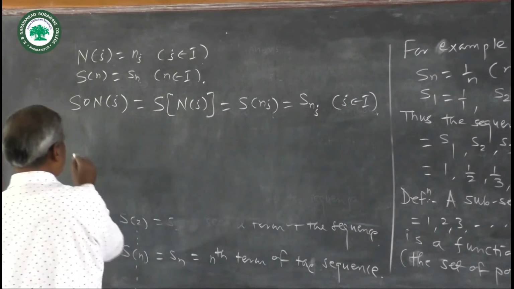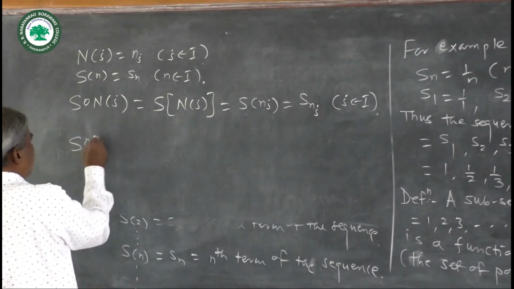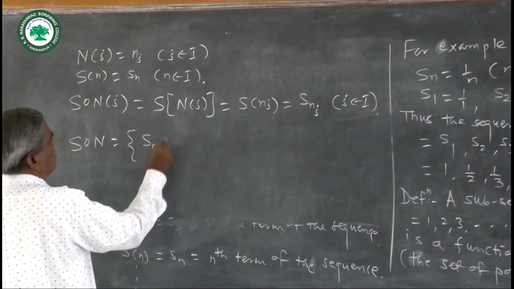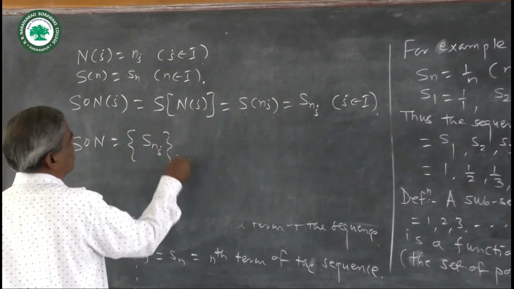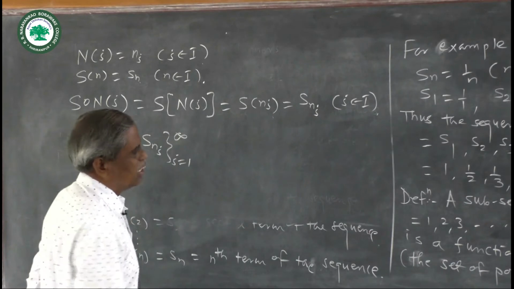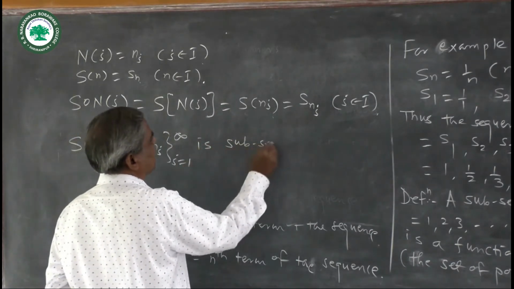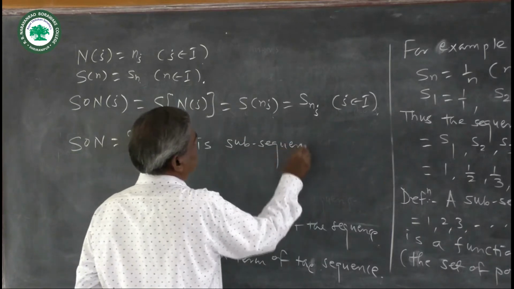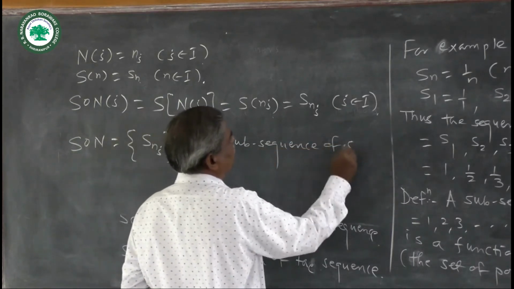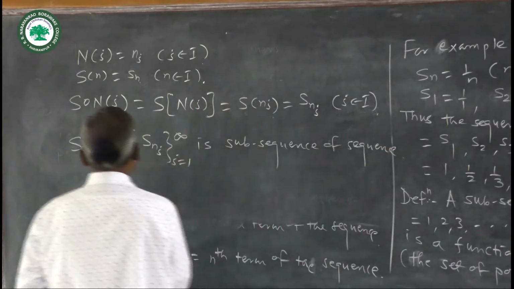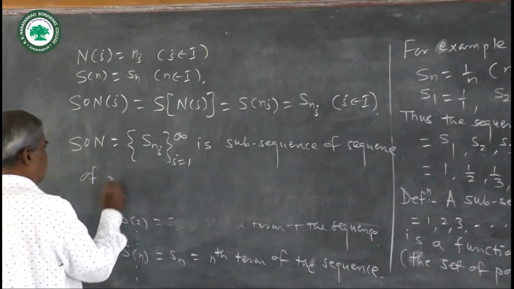Therefore, S composition N is equal to the sequence S suffix n suffix I, I is equal to 1 to infinity, is a subsequence of the sequence of real numbers.